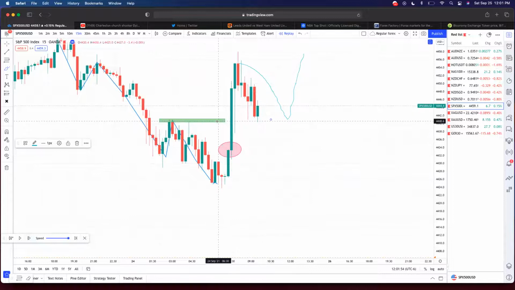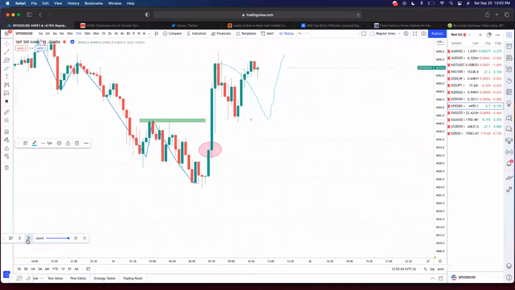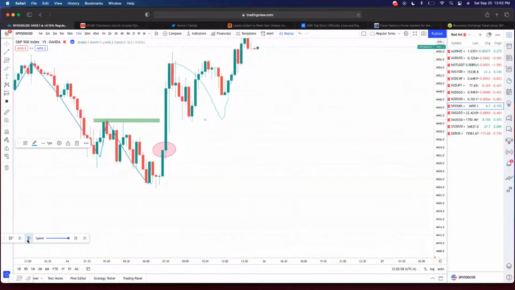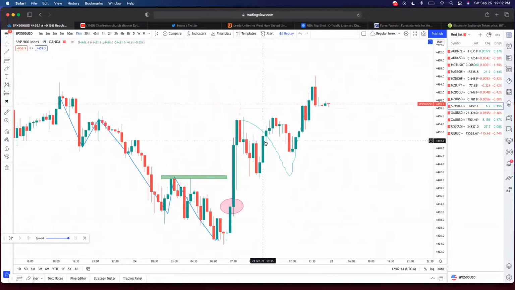You can see it keeps stopping here. This is that retest we're looking for, okay? And then it went crazy. You guys see that, right? To where price is right now. Does that make sense? Do you guys understand a break and retest now?